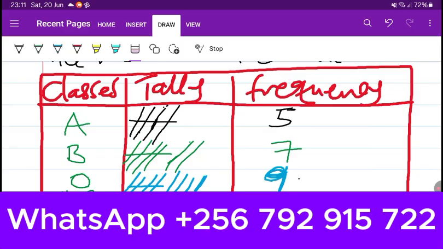Now, someone may ask you from this, which one is the most preferred blood group? Or how many people with the highest blood group? Of course, you pick out the frequency.